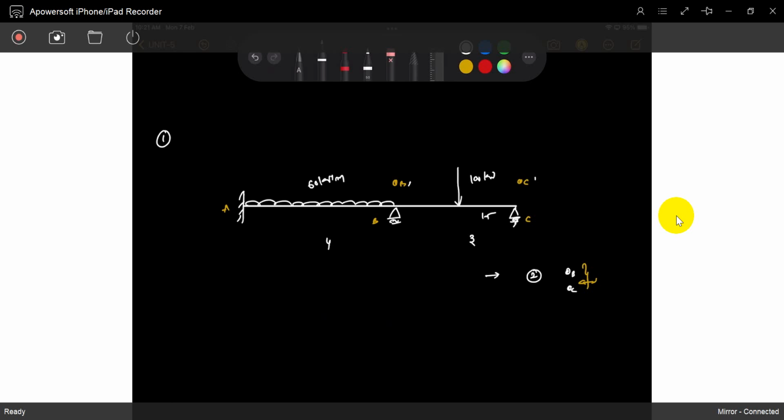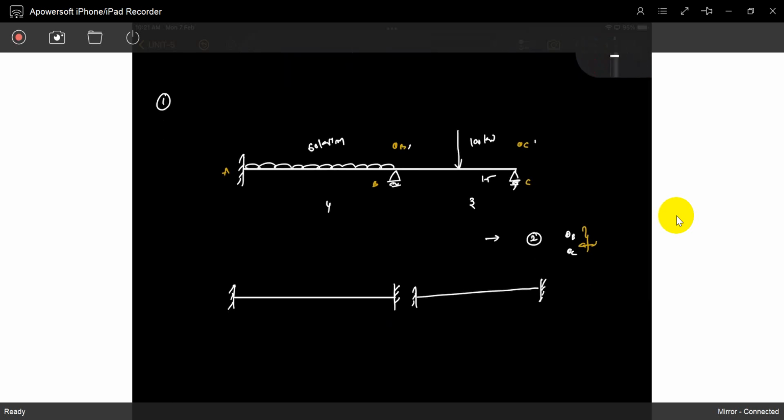If you arrest those two also, there is no degrees of freedom. That is kinematically determinate.